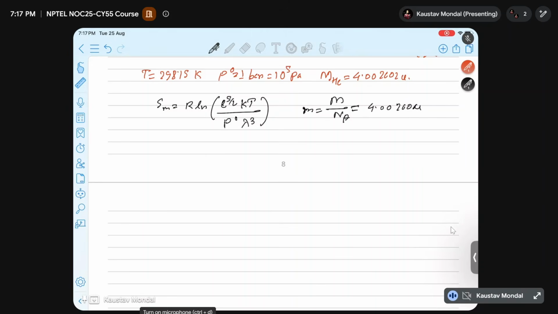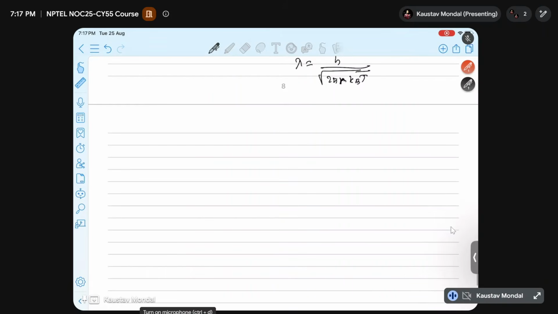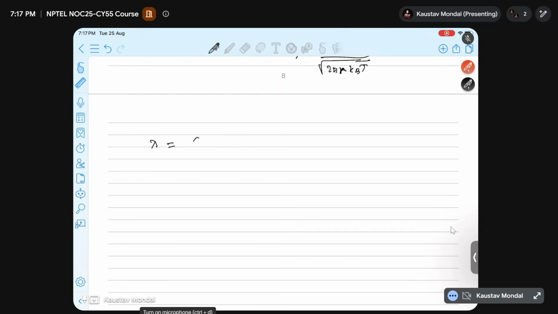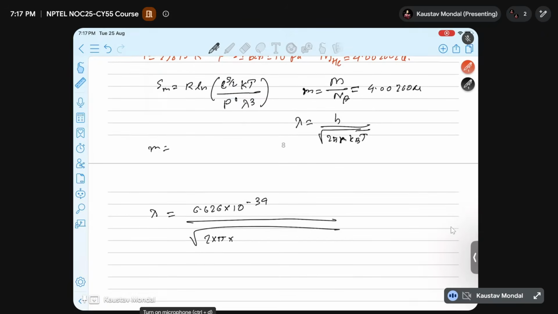The next thing that you have to calculate is lambda. Lambda we know is h by square root of 2 pi m kT. So I have to just substitute the values here. h we know, 6.626 into 10 to the power minus 34. 2 pi is 2 into pi into m. So m is the atomic mass.